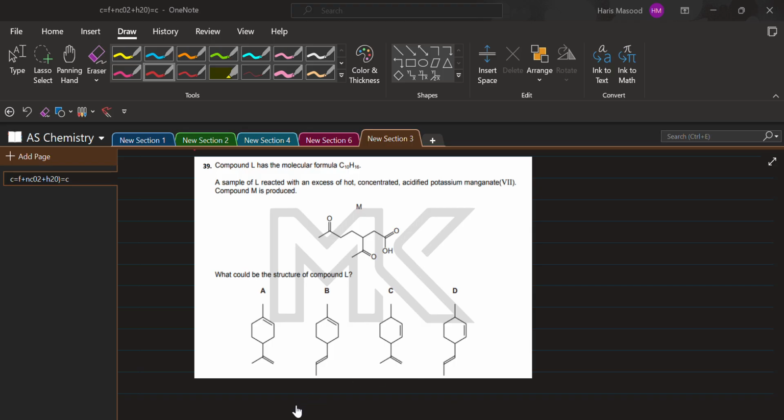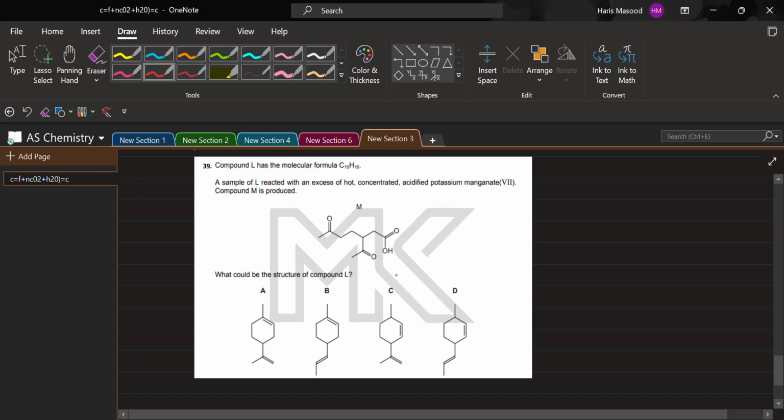Okay, done. D. If we look closely into this one, if I break this here, it will form, okay, it could be from A and B, because on one side we have a ketone and on the other side we have a carboxylic acid.